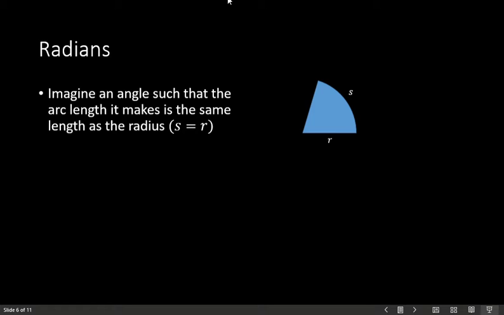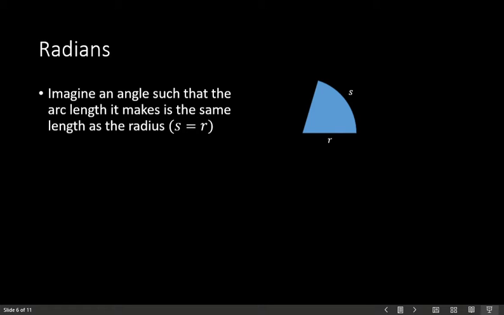So if you imagine an angle so that when you made a circle, the length of the arc around the outside, this S over here, was the same as the length of the radius, we call that angle measure 1 radian.